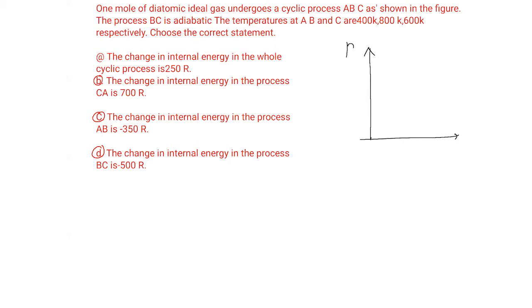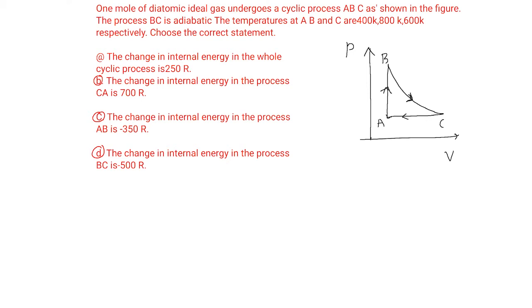This is P, this is V, and these are A, B, C. The temperatures are given at ABC.